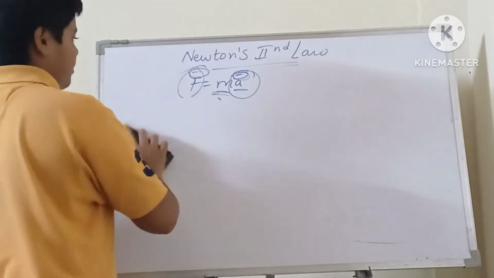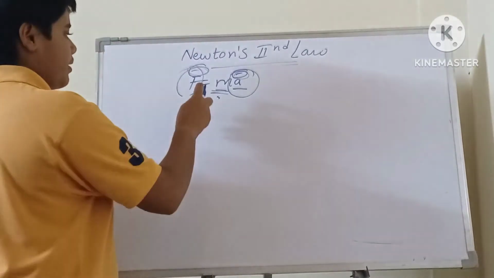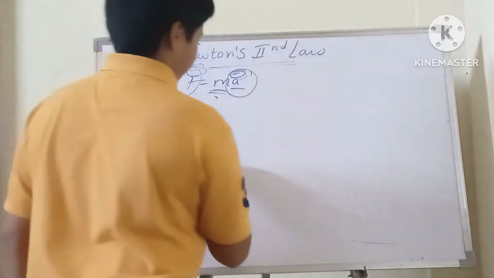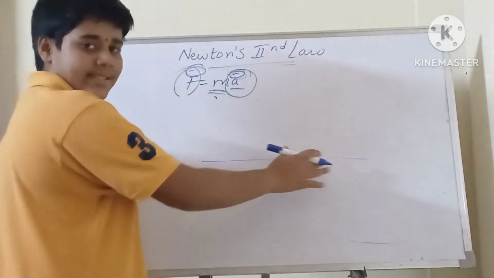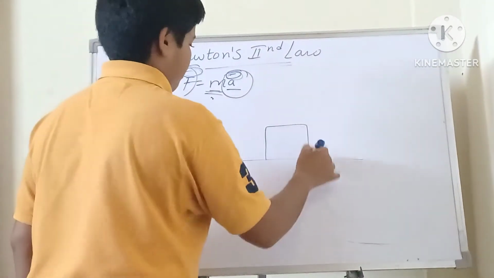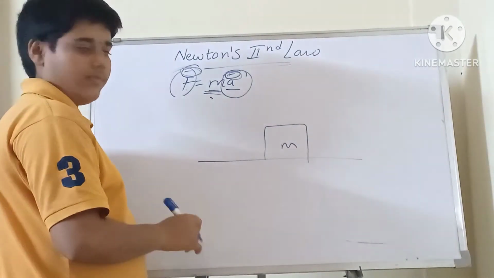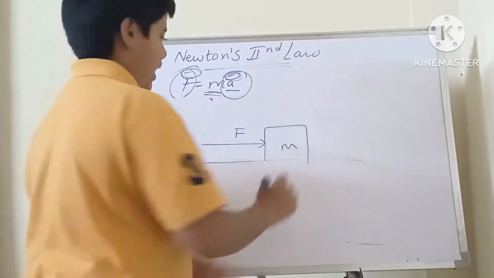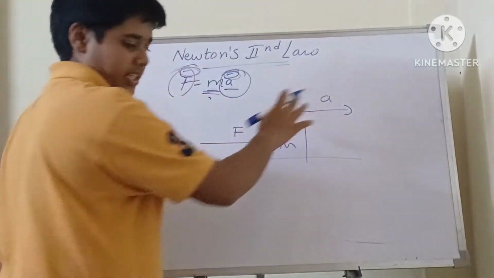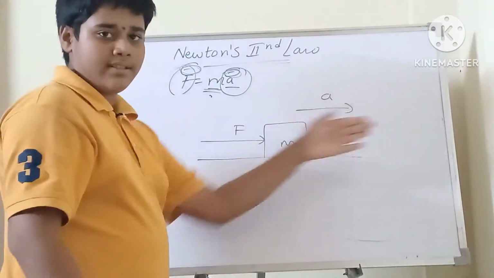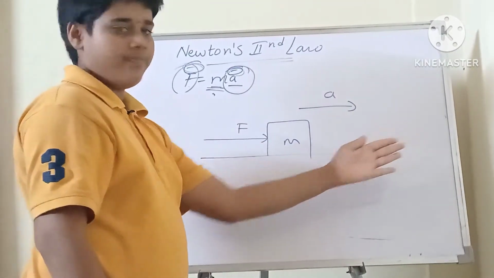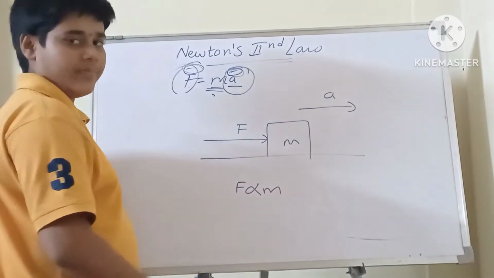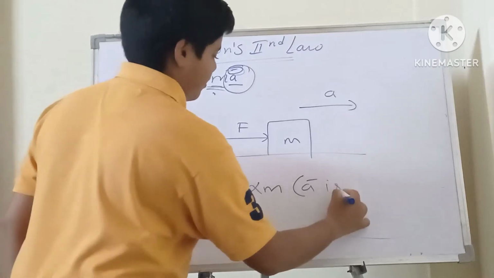So here we have to derive force is equal to mass into acceleration. I am taking this as a surface and one object is there. I apply some force in this direction and acceleration is in this direction. So force is directly proportional to mass when acceleration is constant.